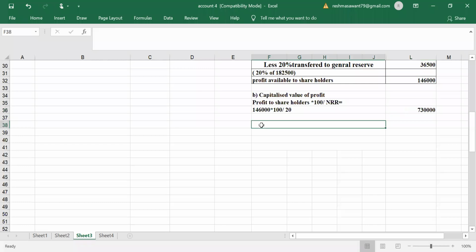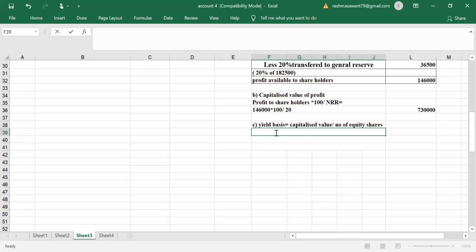Now we use the formula for calculating value as per yield basis. Formula: capitalized value divided by number of equity shares.